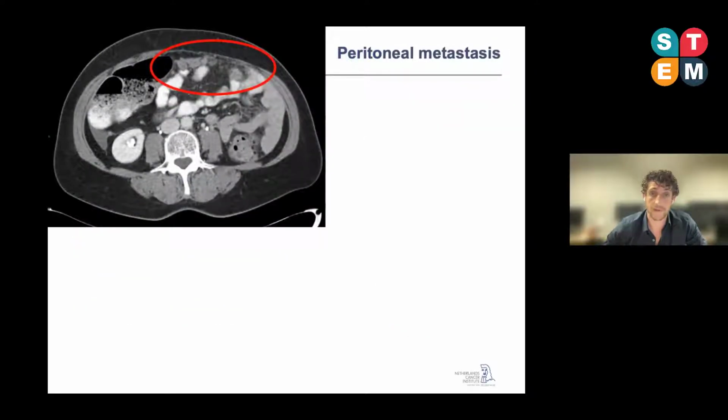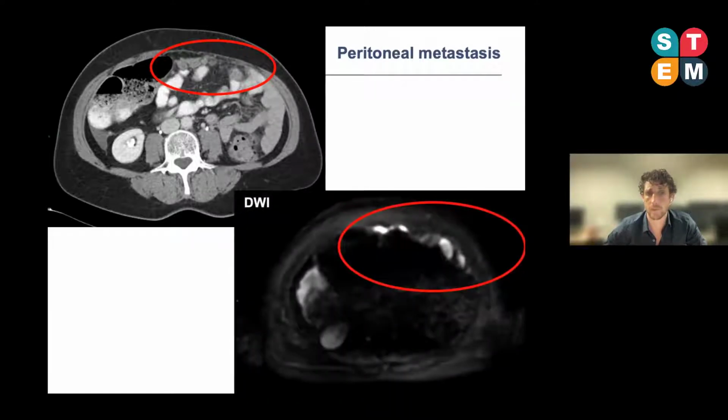I give you a brief example. This is some omental cake, clearly visible on CT in the red circle. And if you look at diffusion weighted imaging, so an MRI, then you really can see that everything turns black, but the tumor will light up, and this is clearly depicted. So it can easily be seen that it's not bowel, it's tumor.